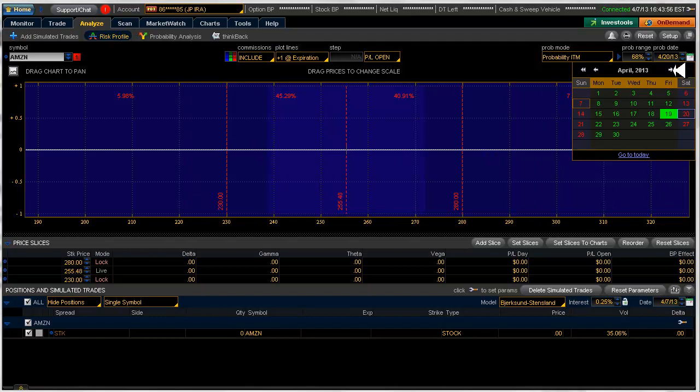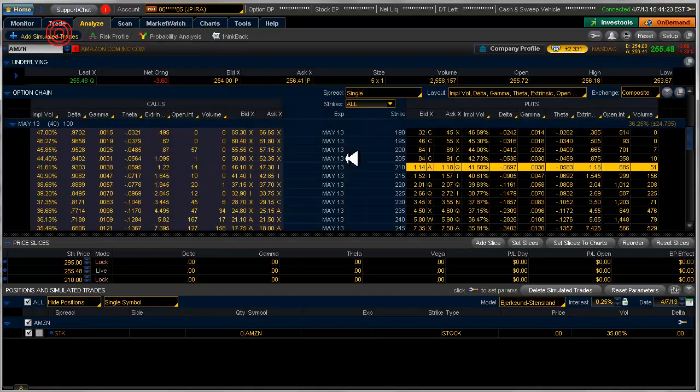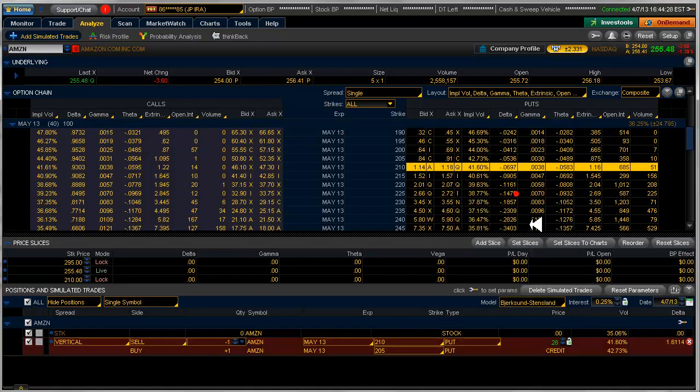We're looking at May. Set our probability to May. Go down here to our 5%, 210, and our 10% up here, $2.95. Go back here to our May expiration, 210 and $2.95.